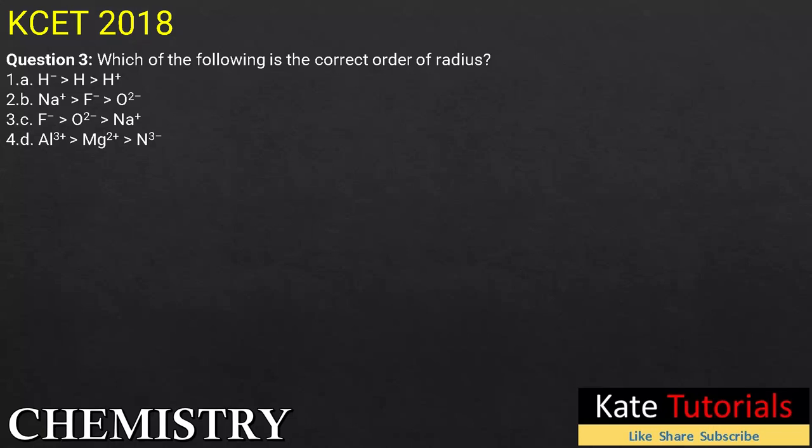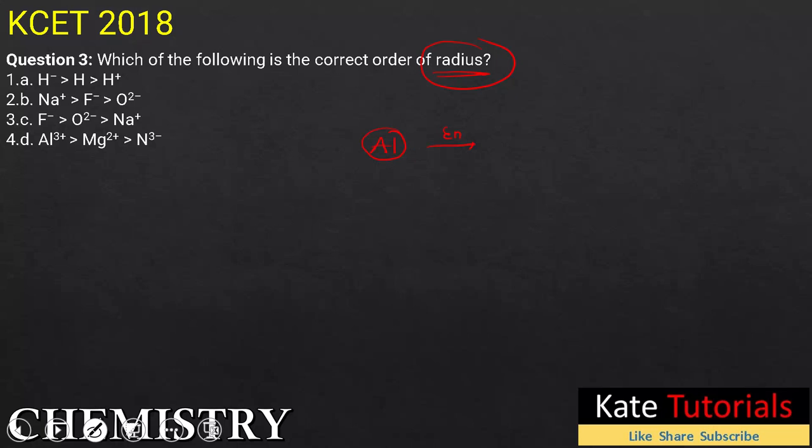Talking about the third question, which of the following is the correct order of radius, right? Radius order. Always remember whenever we talk about radius, I have aluminum metal, right? If I give some energy, what energy? The amount of energy supplied to remove the outermost electron from a neutral gaseous atom, right?